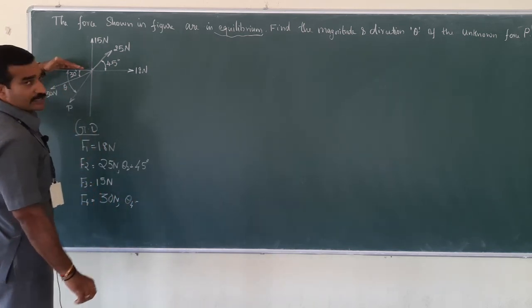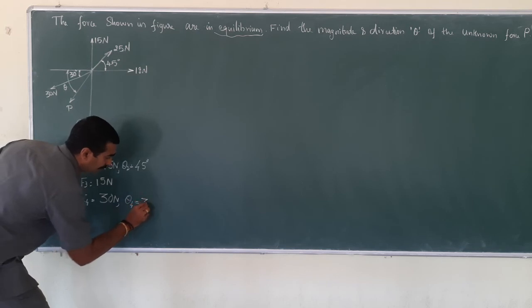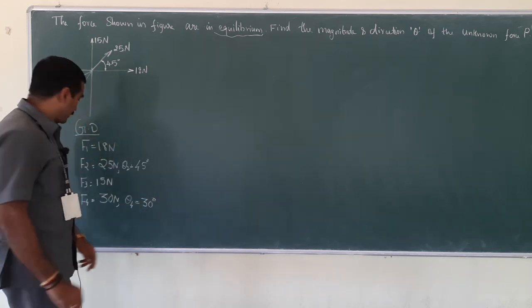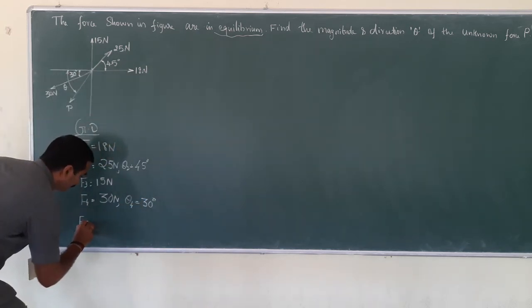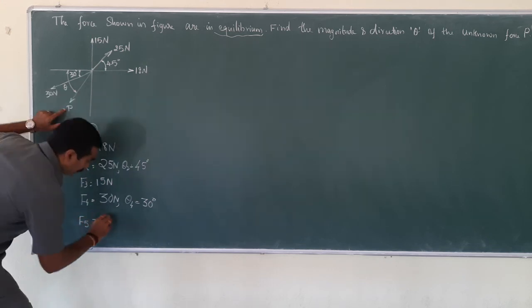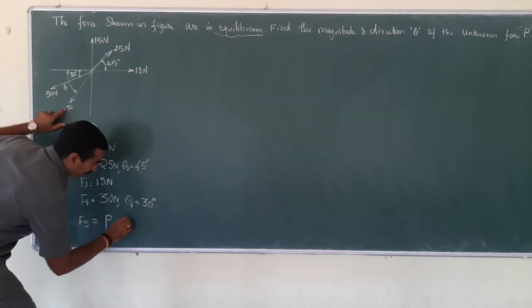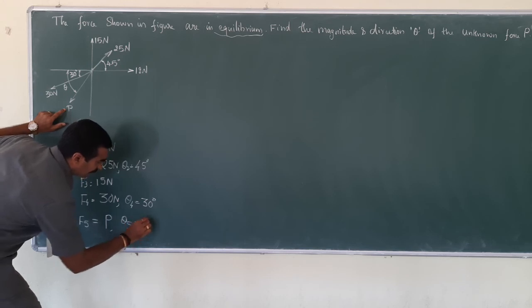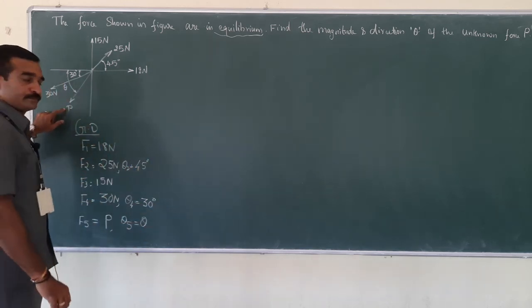This is with the horizontal, so the same value can be written here. And F5, which is P, and theta 5 is termed as theta, right?